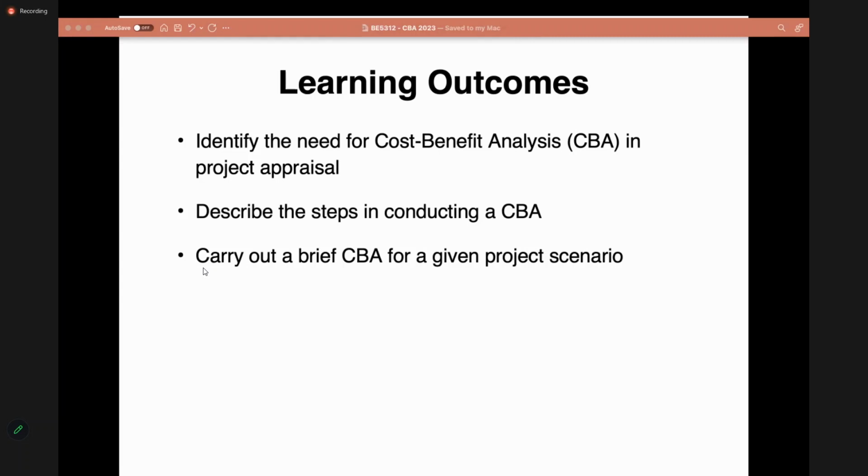Before I start, can I just know from you if any of you in your organizations have conducted cost benefit analysis? Maybe not you personally, but are you aware of any cost benefit analysis done for particular projects? Mm, no one has done.